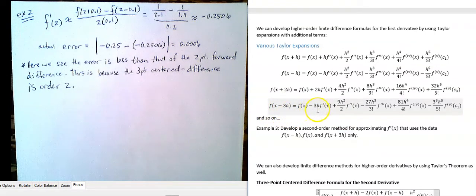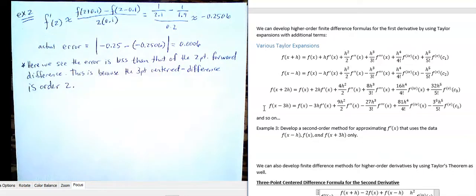So negative 3h to the first, negative 3h squared is 9h squared, negative 3h to the third is minus 27h cubed, and so on and so forth, right? So this is how we expand using various different Taylor expansions. We can do this for any value of the h here, okay?